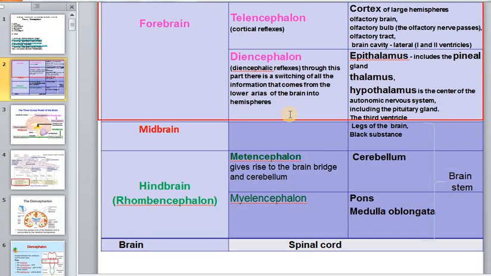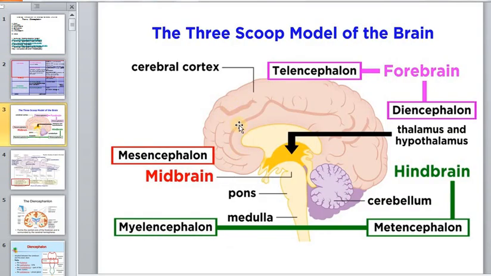Through this part there is a switching of all the information that comes from the lower areas of the brain into the hemispheres and some parts of the diencephalon. You know this picture. Did you see?